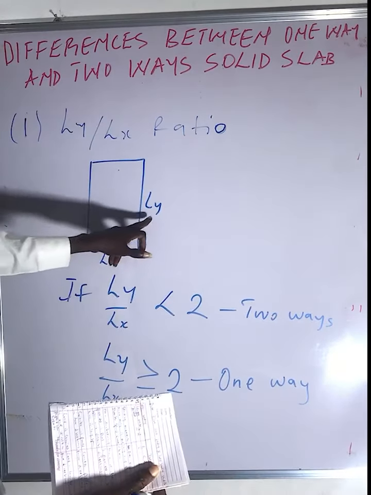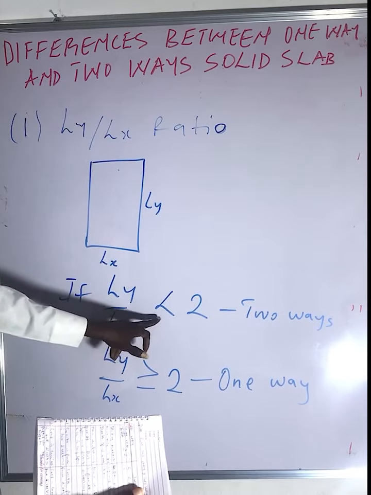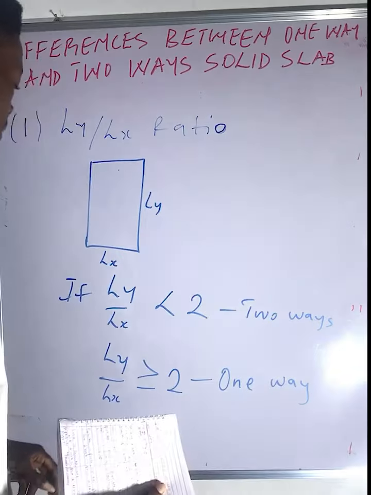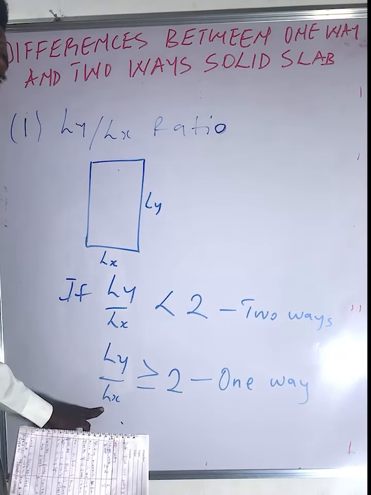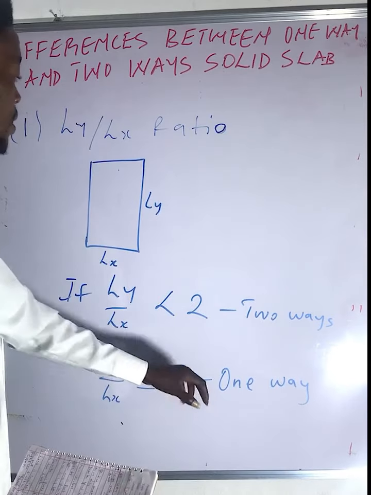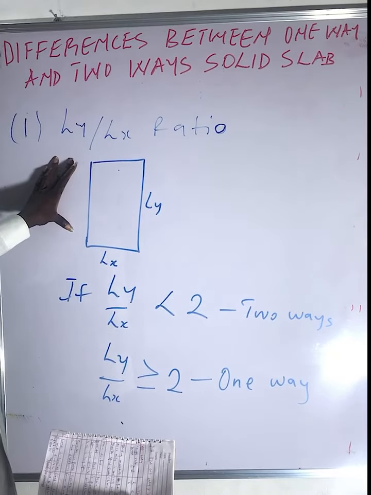If your Ly over Ls is lesser than 2, it means your slab is two ways. If Ly over Ls is greater or equals to 2, it means it is one-way slab.